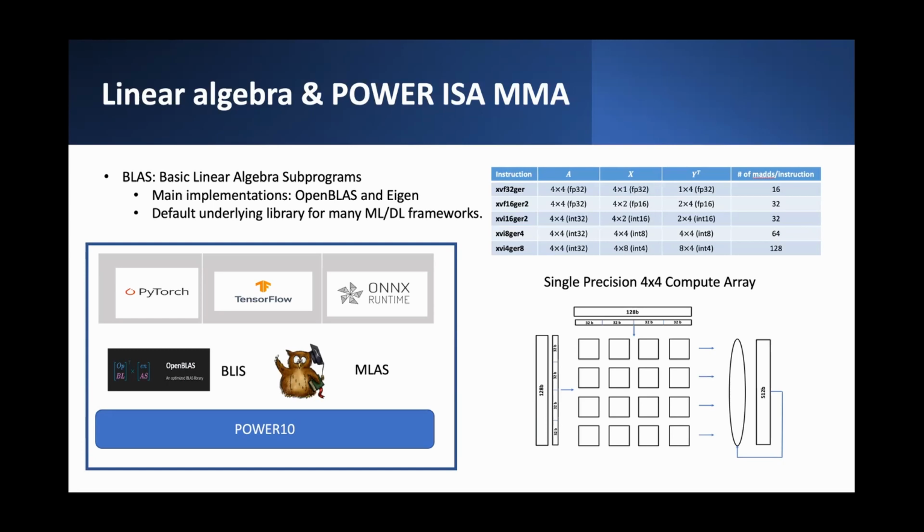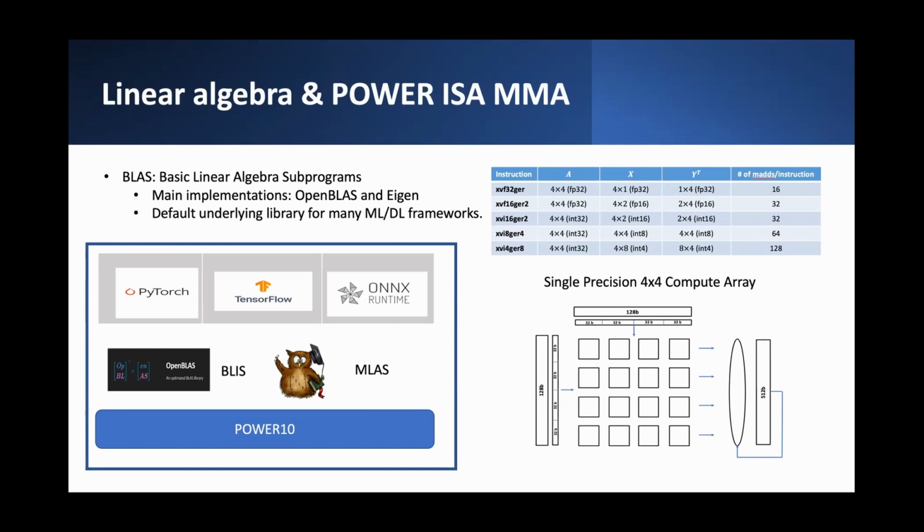On the right-hand side are some examples of the new MMA instructions that are added in POWER10. I have listed only a few of them, but there are many more data types like double, float32, bfloat16, float16, int8, int16, and int4. The inputs for all these GER instructions are accumulators.